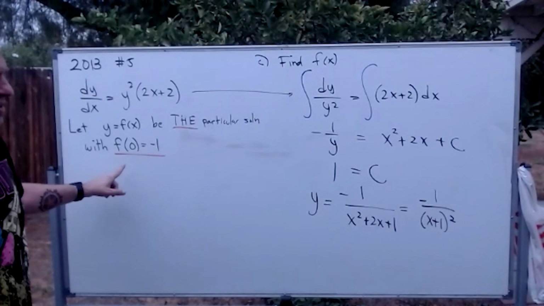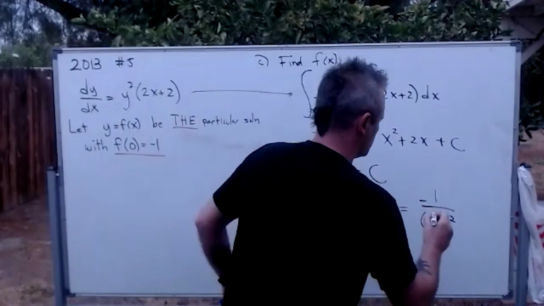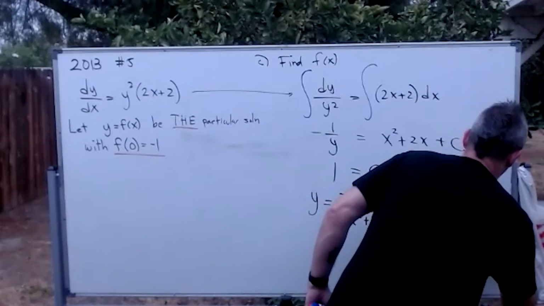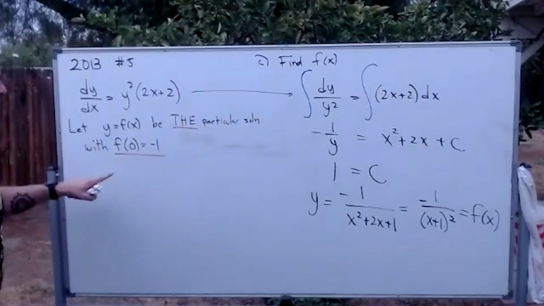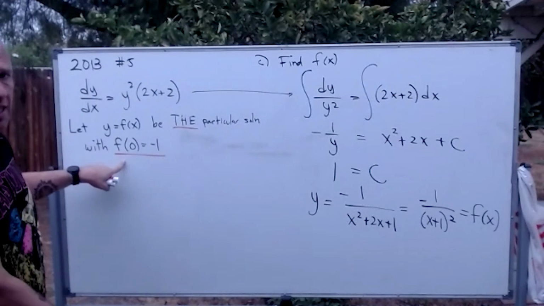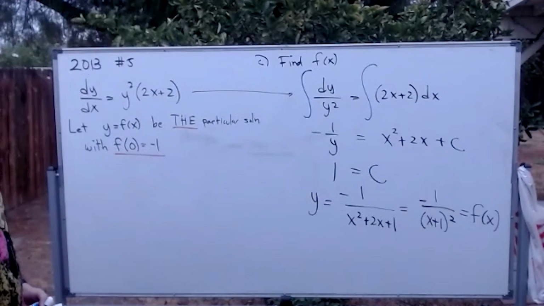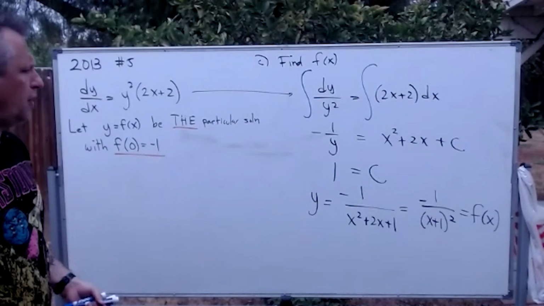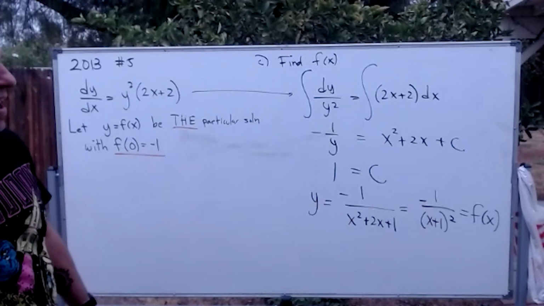Note that this is our function f of x. That's what we just found out. This is our function f of x. Note that f of 0 is in fact negative 1. And just for fun, let's figure out what f of 1/2 is.